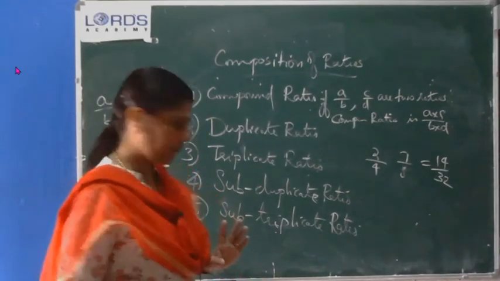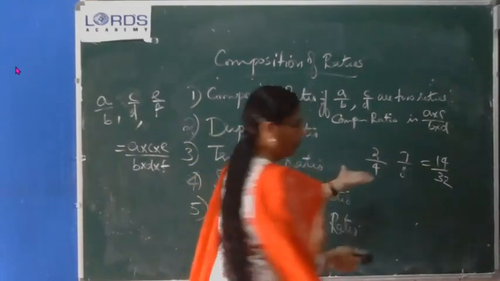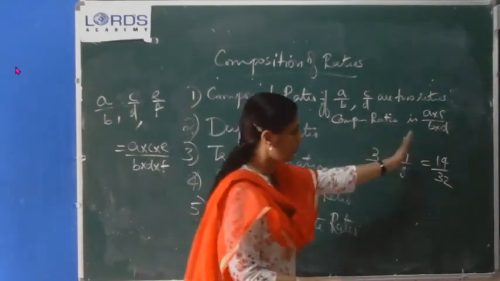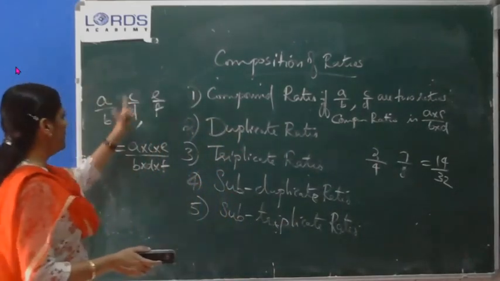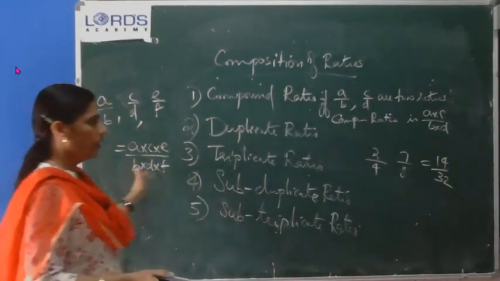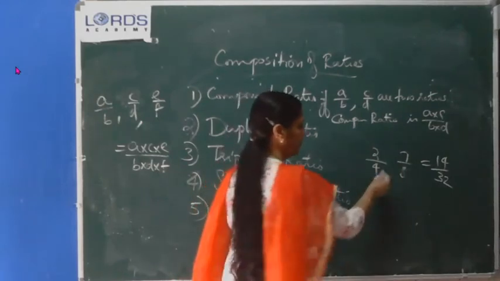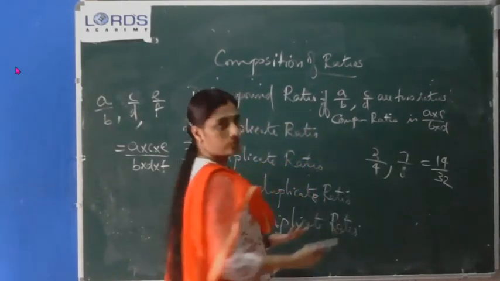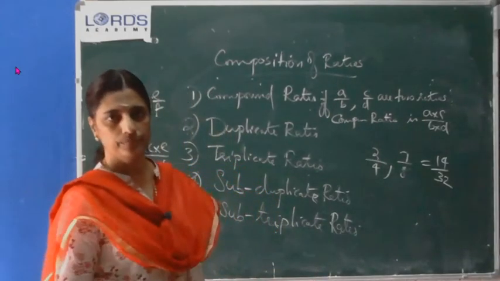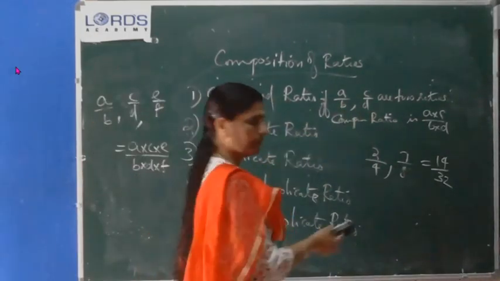First one, is it clear from the class itself? If you want, you can write this example. Compound ratio of A by B, C by D, E by F is this one. The compound ratio of these two numerical examples is this one. Those examples you can write somewhere. Okay. This is the definition. Clear?